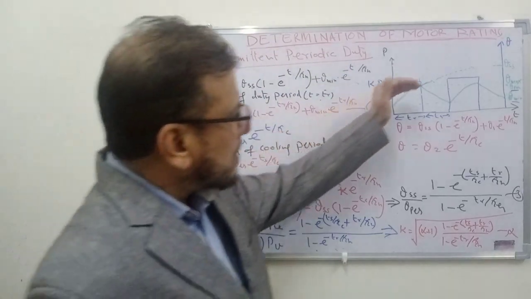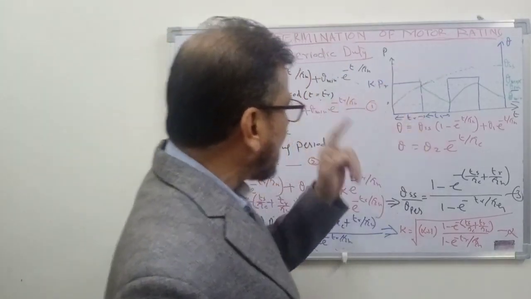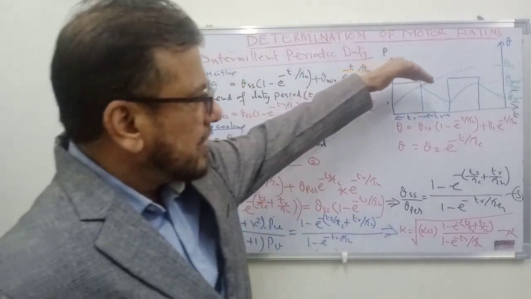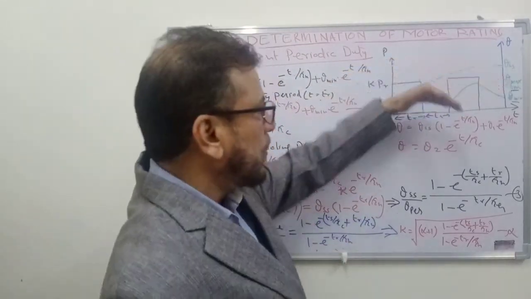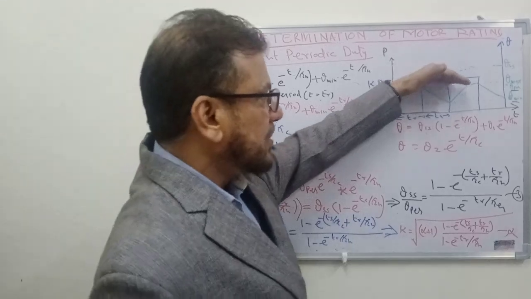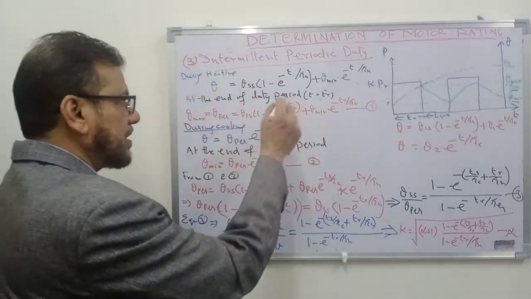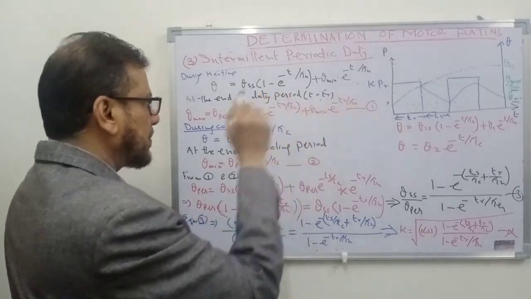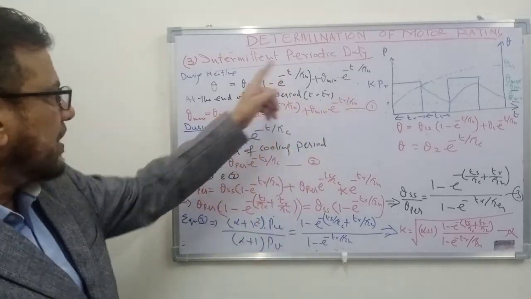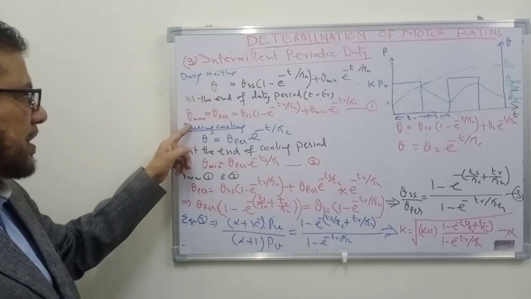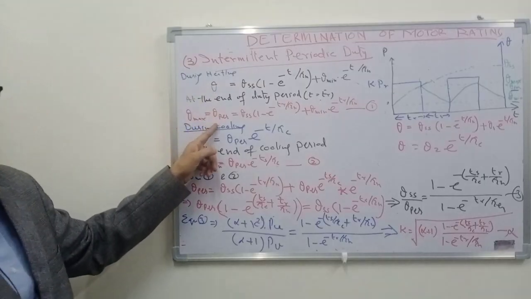At the end of this running period, that is t equal to TR, the temperature reaches the permissible temperature rise. We have overloaded it such that this temperature is equal to the permissible temperature rise. So at the end of the duty period or running period, that is t equal to TR, just put t equal to TR here, the temperature becomes equal to theta maximum, that is equal to theta permissible.